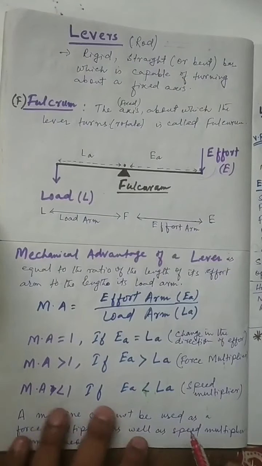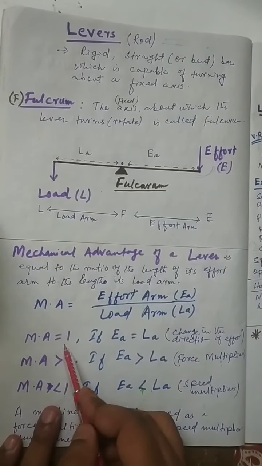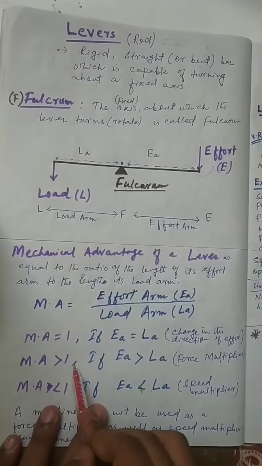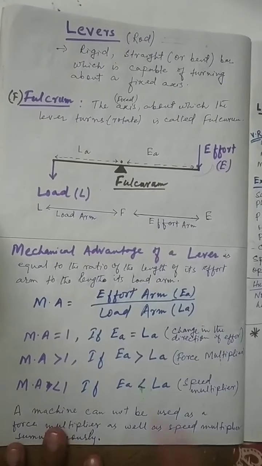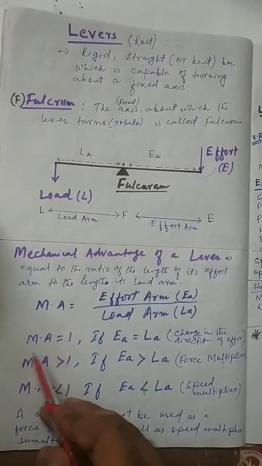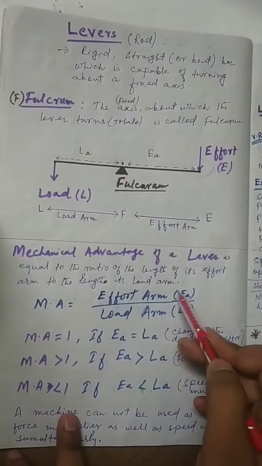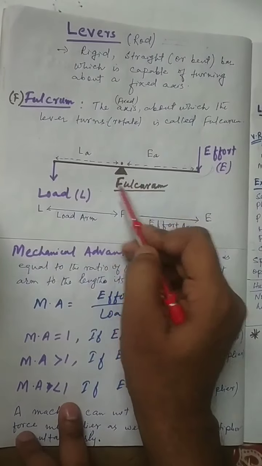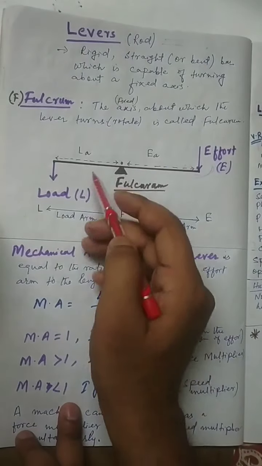Now mechanical advantage can be 1, greater than 1, or less than 1. Okay. Now at what condition will mechanical advantage be 1? If these two values are equal. If the fulcrum is at the middle, what happens?